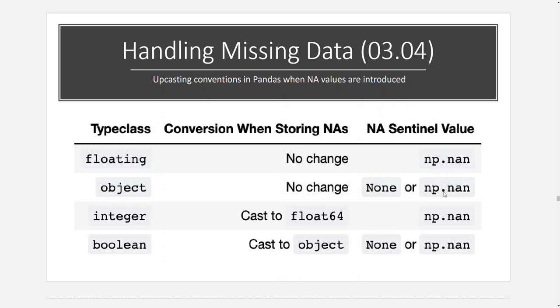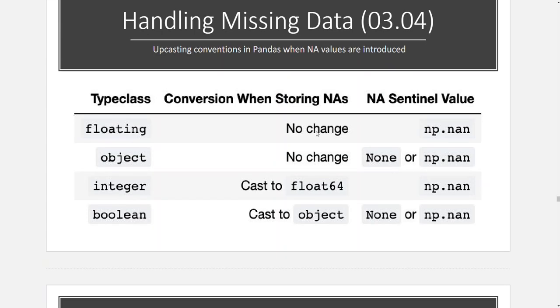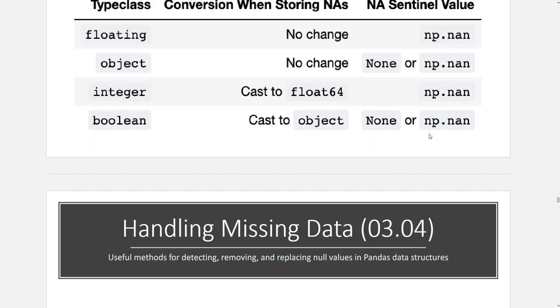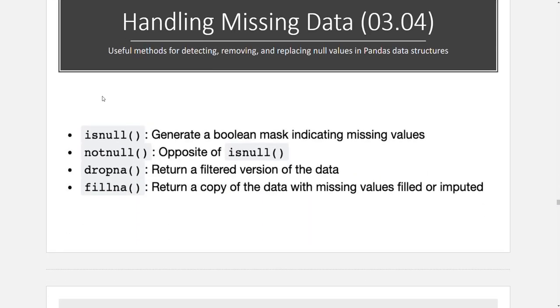np.nan. So we'll find out, is it not a number? We've dealt with how to handle missing data in Notebook 3.4: how to detect, remove, and replace null values.